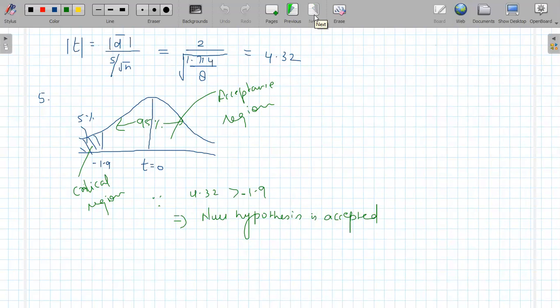I'm sorry, there is one mistake here. Because we calculated mod t here, and this is negative, our answer is minus 4.32. So minus 4.32 will come in the critical region.